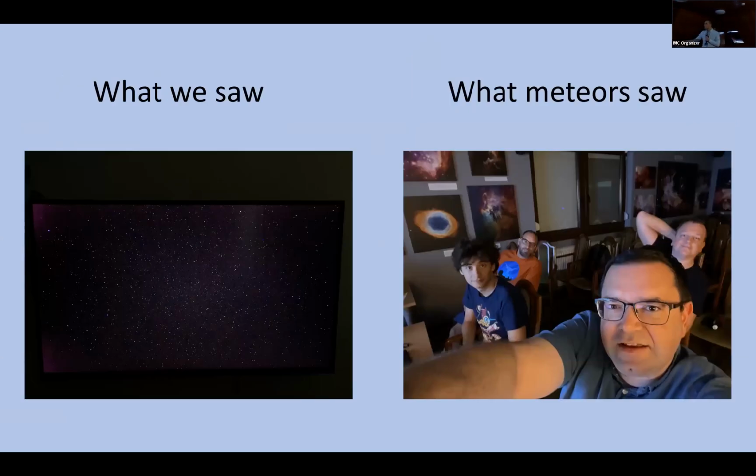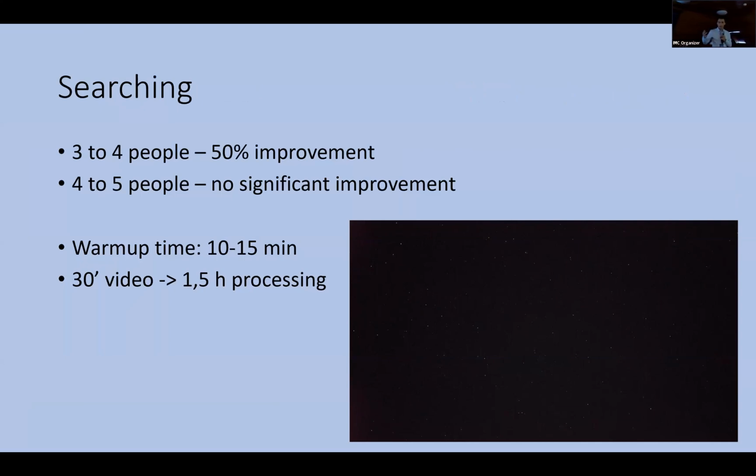We used a huge TV, and we divided it into quarters, so we didn't have the problem Peter mentioned, that when we look at one side of the screen, we miss all the meteors on the other. So each of us had one quarter of the screen.